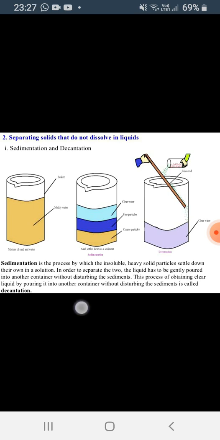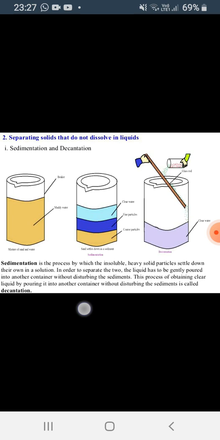Now, you all know when a solid is dissolved in liquid, some solids get dissolved but some are not soluble. For example, if you take mud and water and make a solution of mud and water, mud will not dissolve in water.